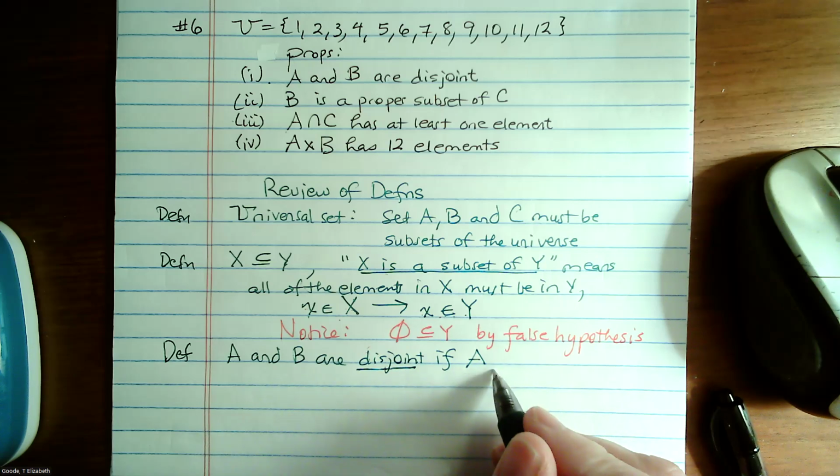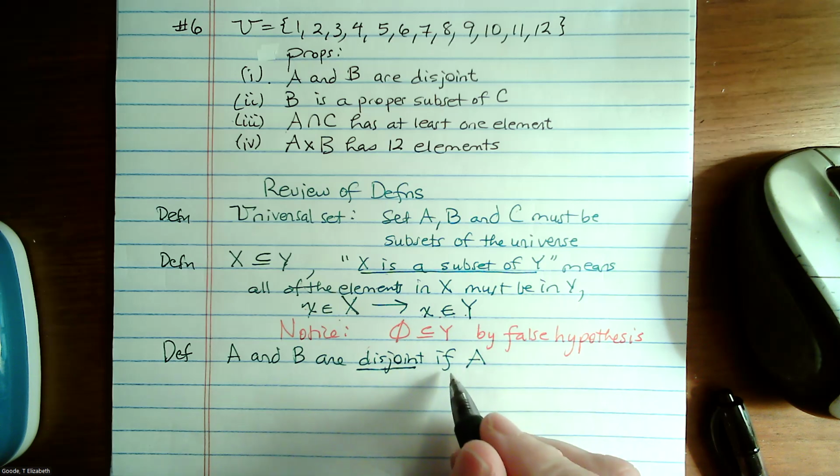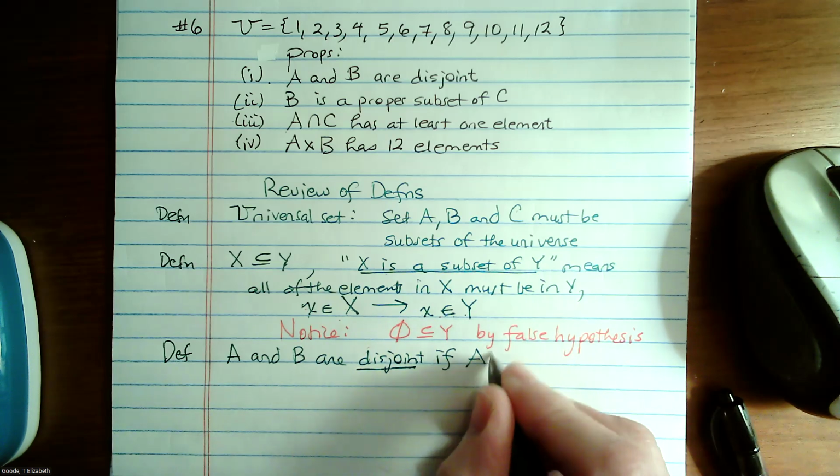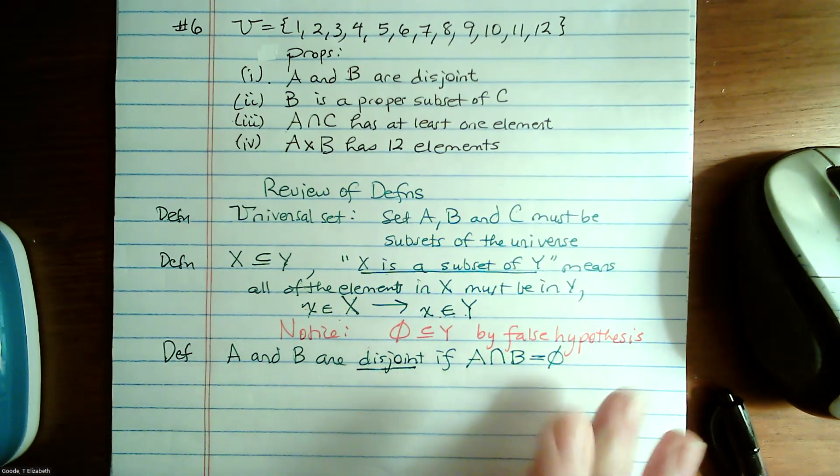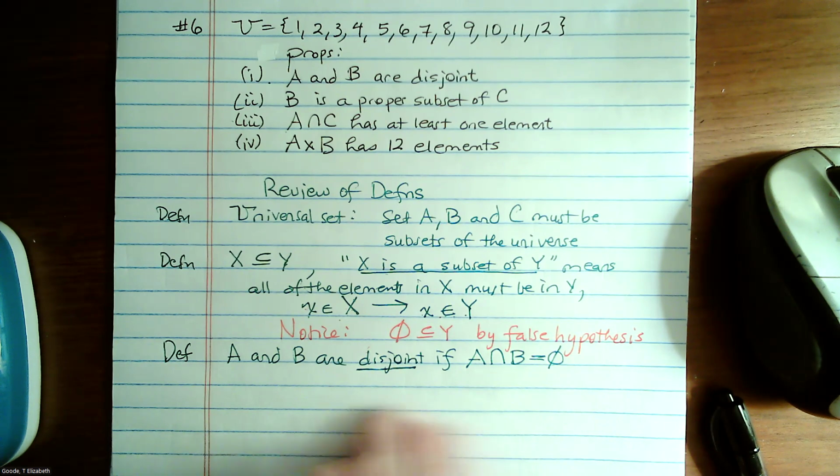A is not a subset of B, B isn't a subset of A, and even more, A intersect B is actually empty. They have nothing in common. Does that make sense?